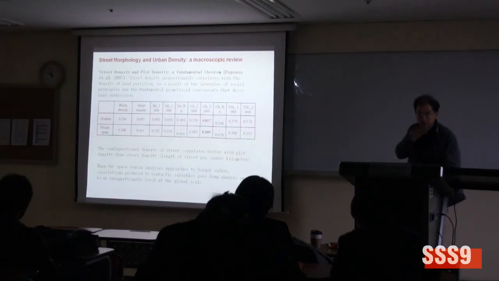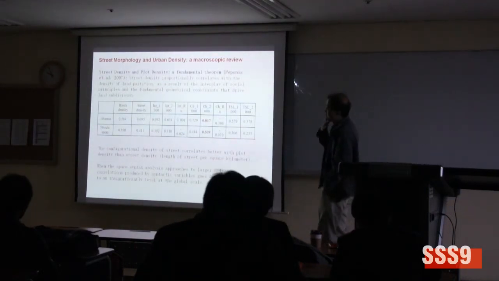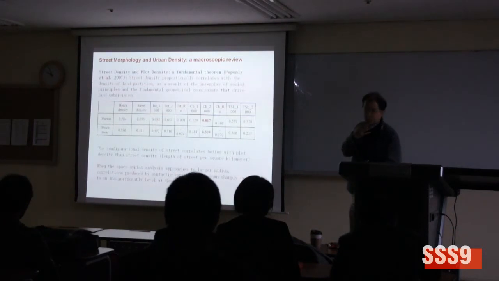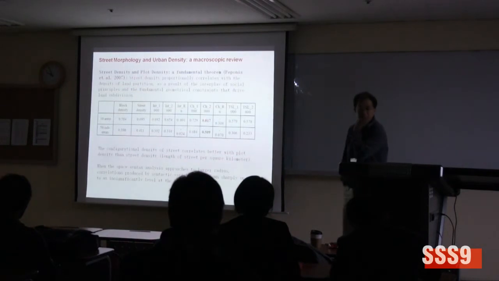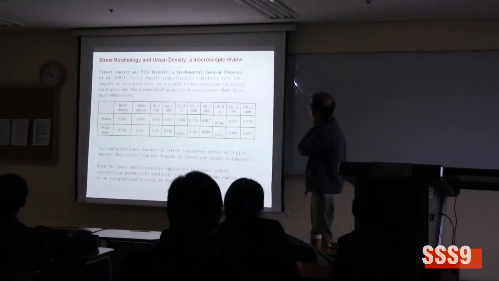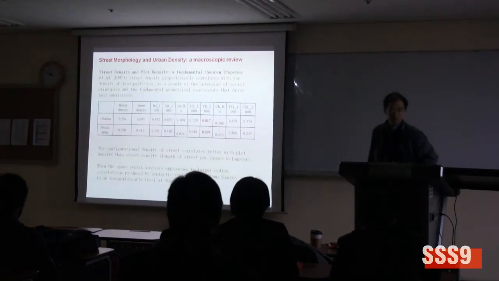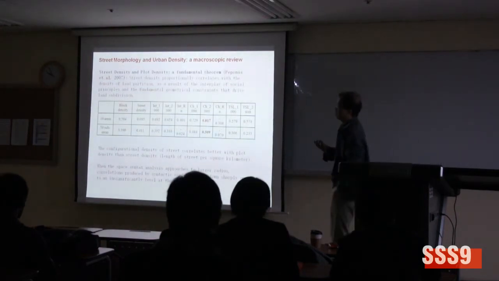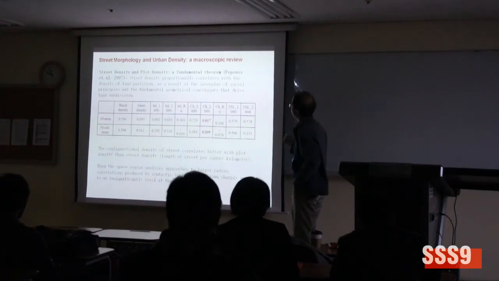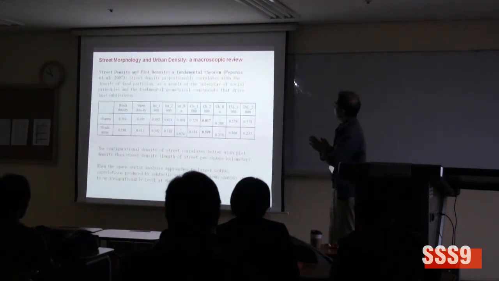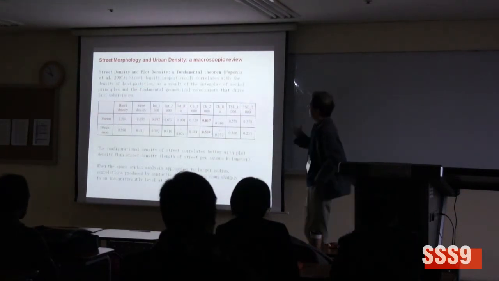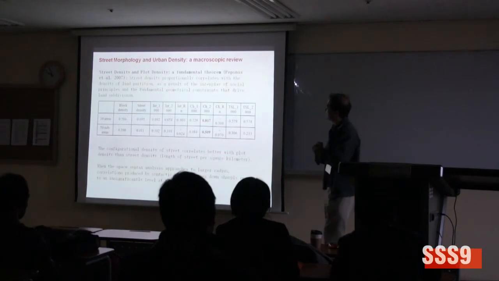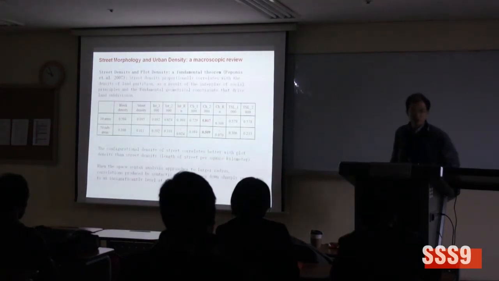The results are similar to the study done by Hillier and Penn for the Atlanta metropolitan area. Papaponis proposed this as the fundamental theorem of cities: that street density proportionally correlates with the density of land partition, as a result of the interplay of social principles and the fundamental geometrical constraints that drive land subdivision.